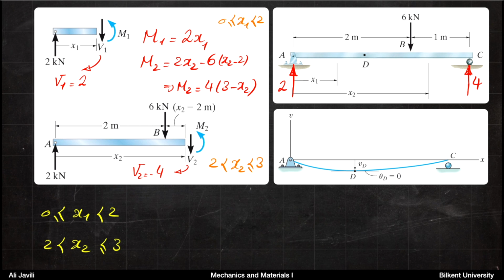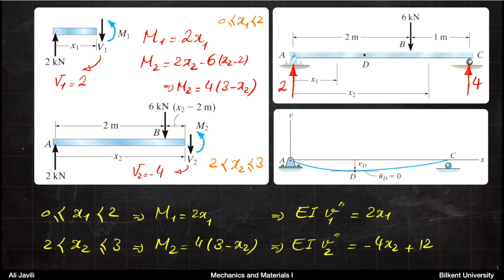Okay, so having these, we have M1, we have M2, and now we use our equation EI V double prime equals M, where you have V1 and V2, indicating the relation for the deflection with respect to the coordinates x1 and x2.